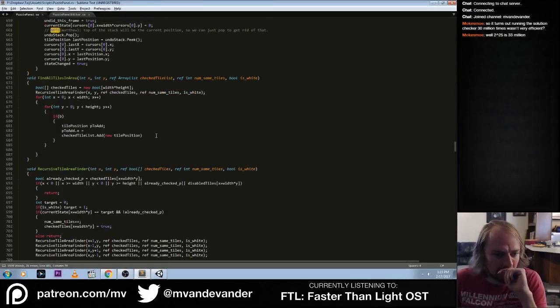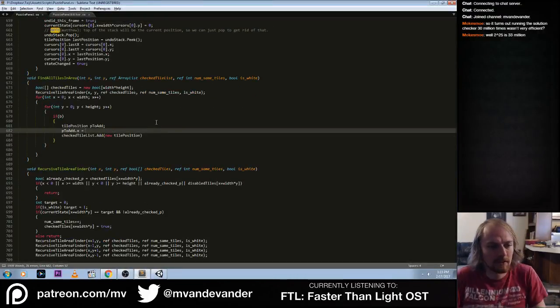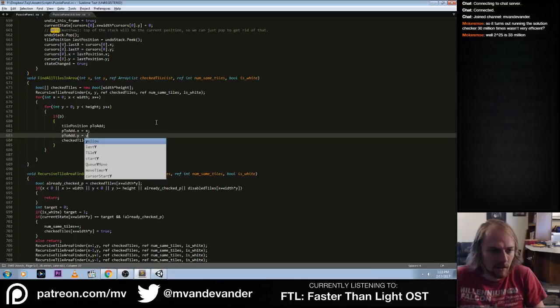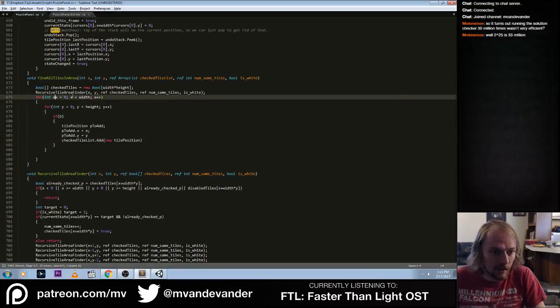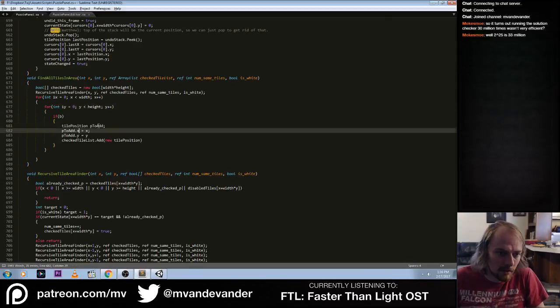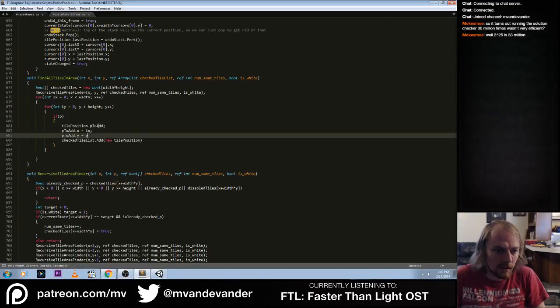So I'm going to try this and try to do this anyway. I can't use X, though. I just realized that. I need to use IX and IY, because I already use X and Y in here. I guess I can overwrite them.